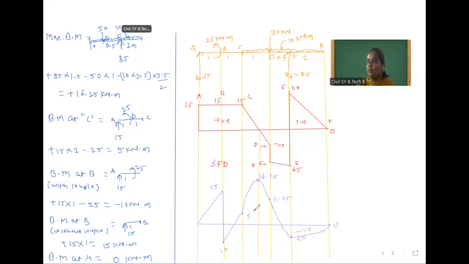This is negative, this is positive, this is negative, this is positive. This is the A point, this one is last. So this is the bending moment diagram.